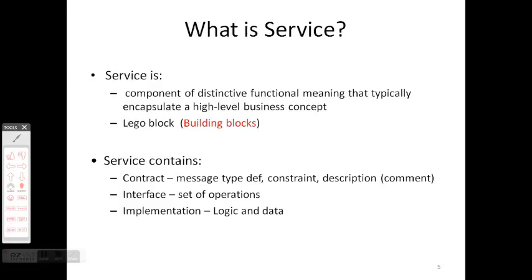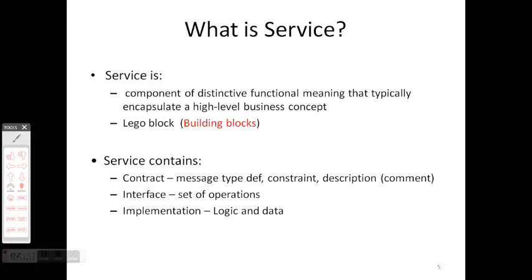And that's what we call a Lego block or a building block of our enterprise. This building block would also depend on the data and operations and applications that we have as its underlying implementation. A service also contains a contract.